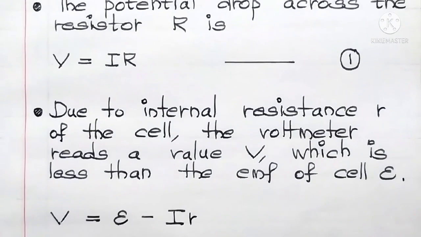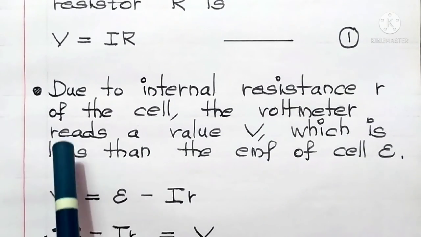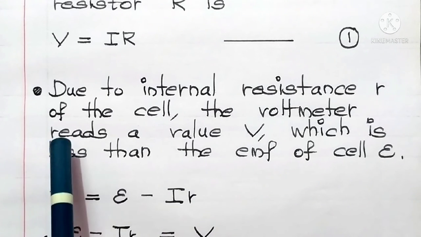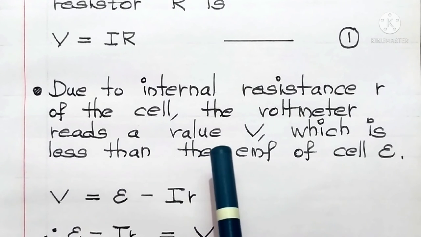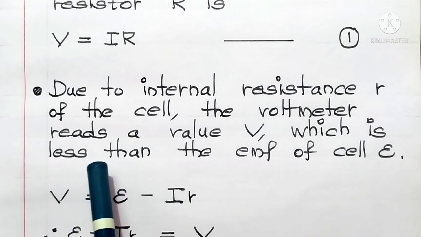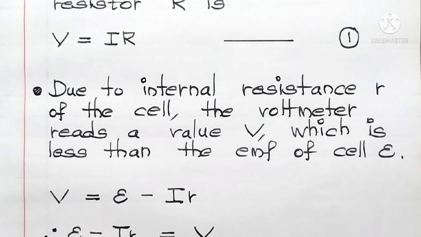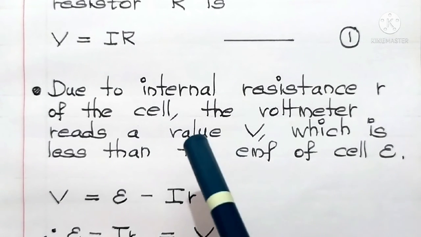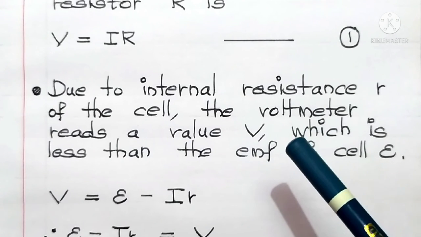Now due to internal resistance of the cell, the voltmeter reads a value V which is less than the EMF of cell E. Now, after connecting an external resistance, this circuit may be considered as a closed one.